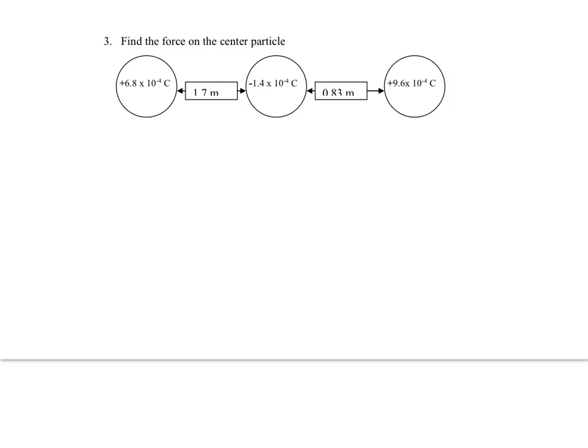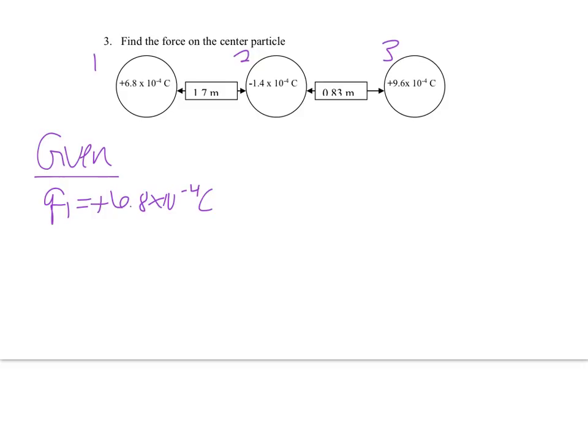Okay, the next example, find the force from the center particle. I'll call these 1, 2, and 3, listing everything we know. Q1 is a positive 6.8 times 10 to the negative 4th coulombs. Q2 is a negative 1.4 times 10 to the negative 4th coulombs.